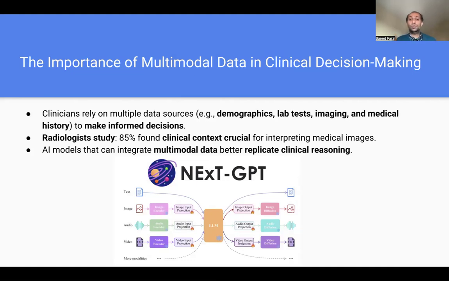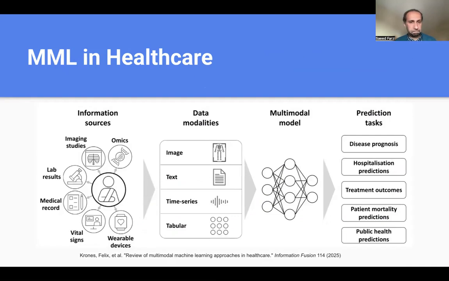All this data together at the same time helps them make an informed decision, diagnose, prescribe drugs, and that sort of thing. Of course, an AI model must integrate all of this multimodal data to better replicate clinical reasoning. This is the importance of multimodality in medical decision making.